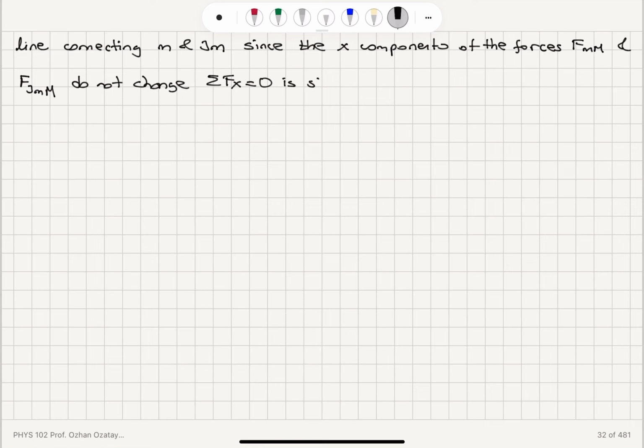This is still valid. And the net force, F net, points towards the equilibrium point.